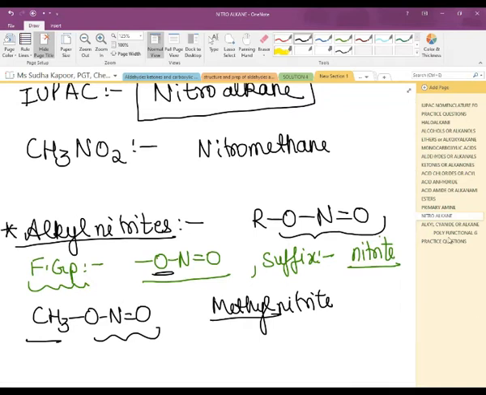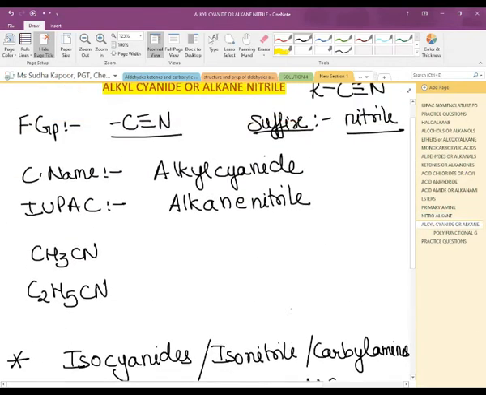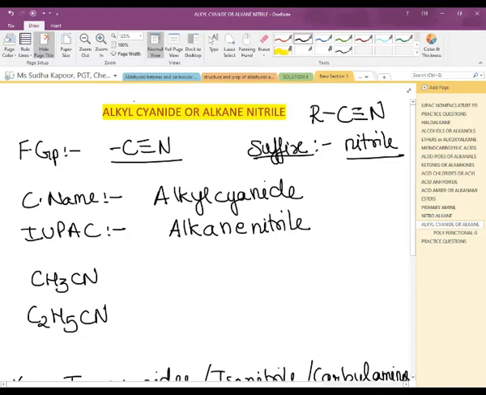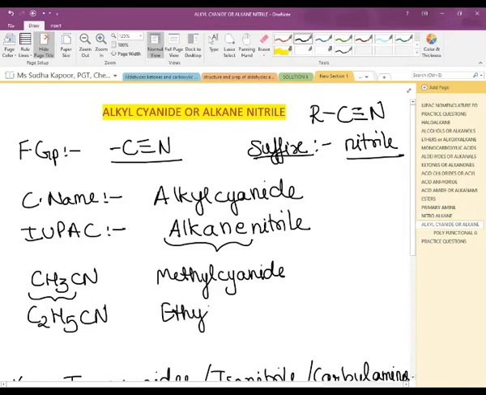Now the other functional group is cyanides, that is the CN. In the common system, they are called alkyl cyanides, but in the IUPAC system, they are known as alkane nitriles. The number of carbons has to be counted very carefully, and the suffix is nitrile in the IUPAC system. First, CH3CN in the common system will be known as methyl cyanide. C2H5CN, with 2 carbons in the alkyl, is ethyl cyanide.